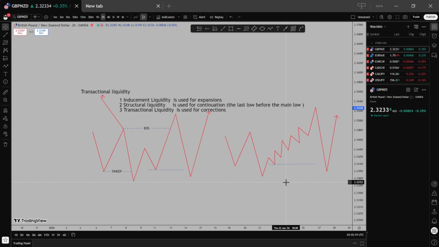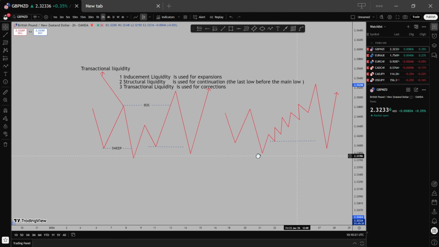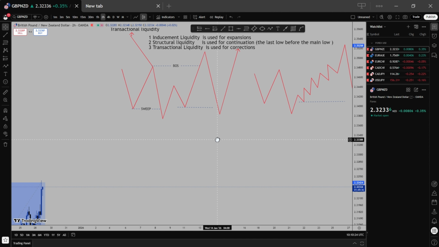Now to the next type of liquidity, which is inducement. So the reason why I said if I don't see a structural liquidity, I don't take a trade, is because if there is no structural liquidity, then my point of interest or my protected point is no longer protected, because on a scale of 1 to 10, price will come and take out that low 6 times out of 10 before actually going your way.